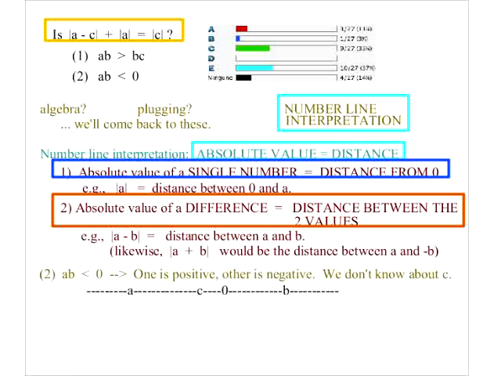So I'm going to color code this accordingly. The difference between A and C, that's this. The distance between A and C. This is just the distance between A and 0. And then this is the distance between C and 0.